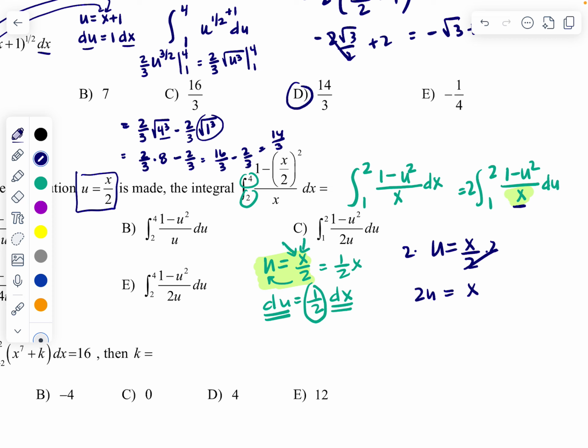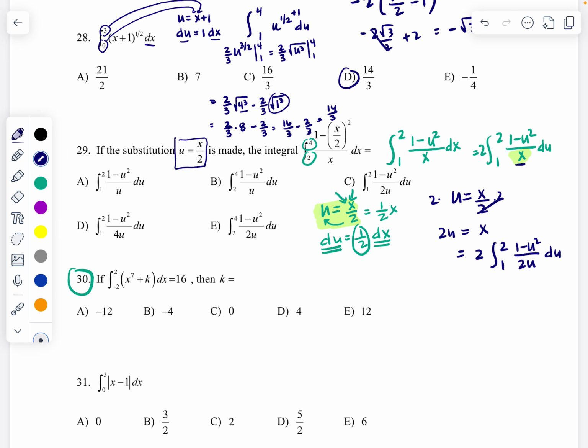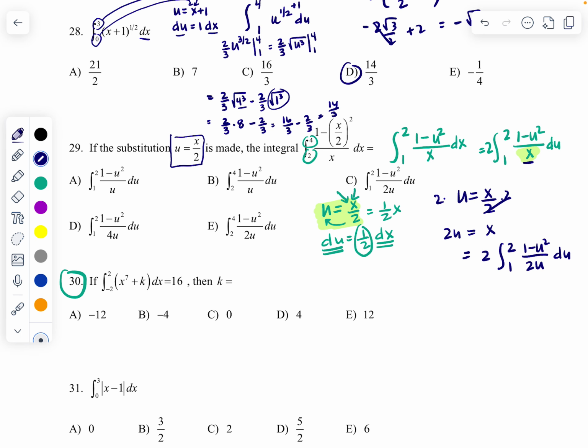So I can actually put that in there, giving me integral from 1 to 2 of 1 minus u squared all over 2u du. Now everything's in terms of that u. So let's see if any of those are actually the answers. And it looks like it's actually C.